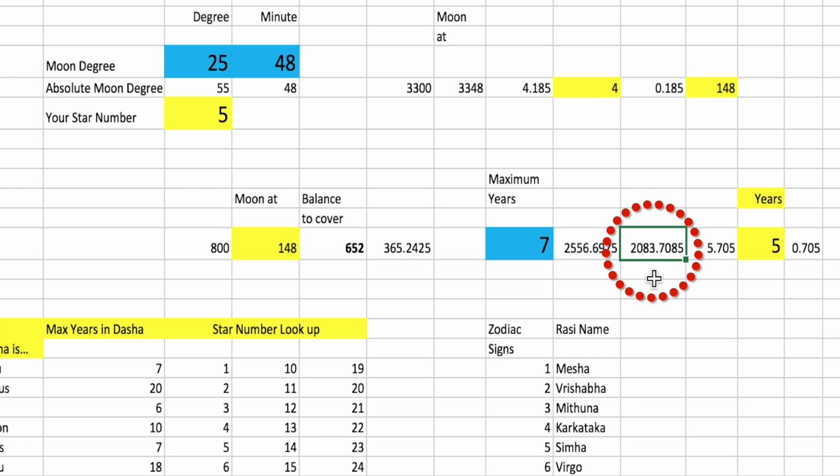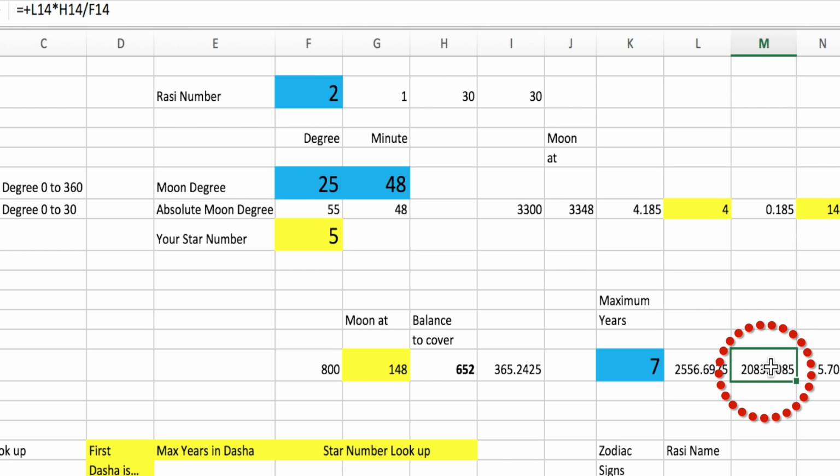This is the more interesting point, 2083.7085. This is, as you can see, the formula L14 into H14 by F14. So L14 is the maximum number of days available, into H14, the balance minutes to be covered by the moon, divided by F14, which is the actual length of the star.